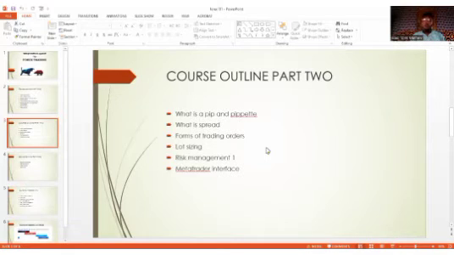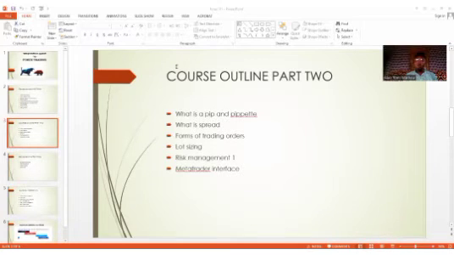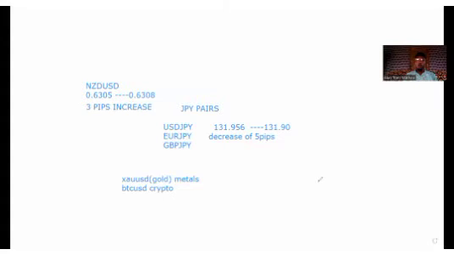So now we move to forms of trading orders. This is another thing that you need to understand when it comes to trading orders. We actually have 4 different trading orders.